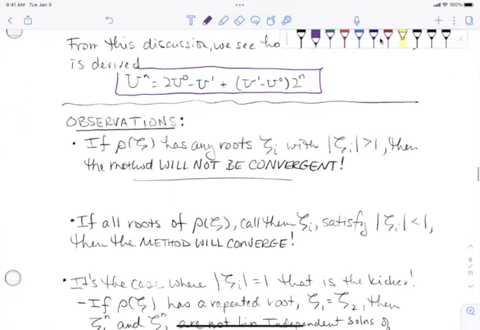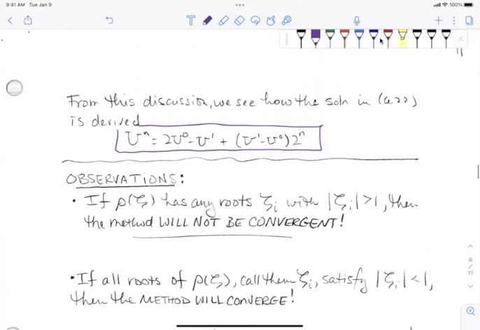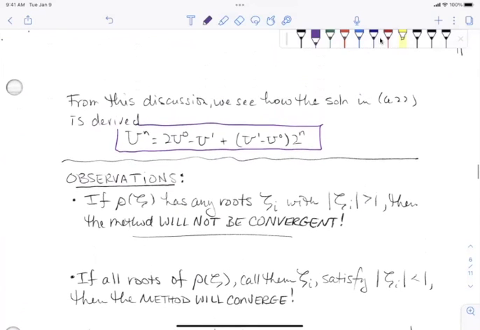Notice this particular polynomial: if it has any roots where my zeta sub i are larger than 1, that method won't be convergent. And this is an example of that, right? Zeta 2 is 2, and we already talked about in the previous video how the solution can diverge from 0 as you move through larger and larger values of n.